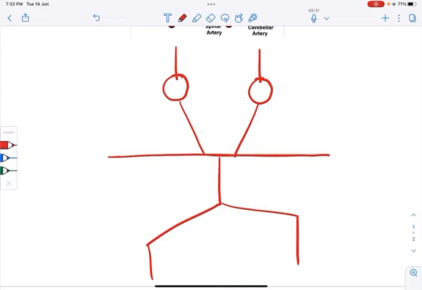In this, the posterior part has the vertebral artery, the middle part is the basilar artery, and this part is the posterior cerebral artery, and this is the ICA, the internal carotid artery.